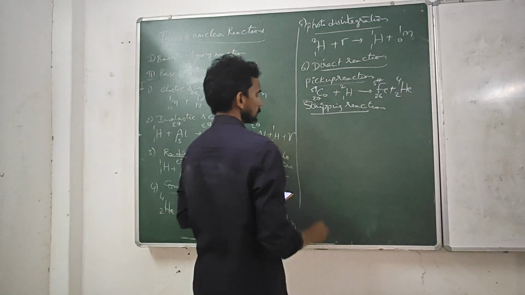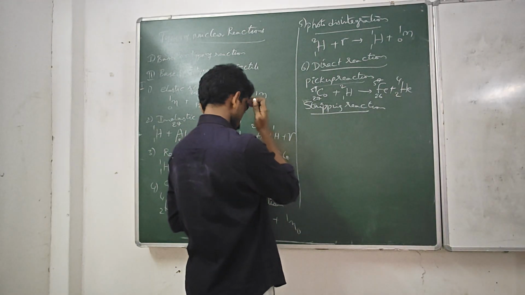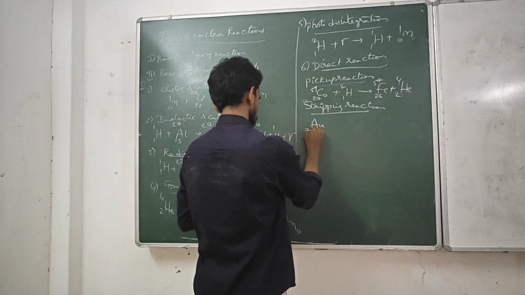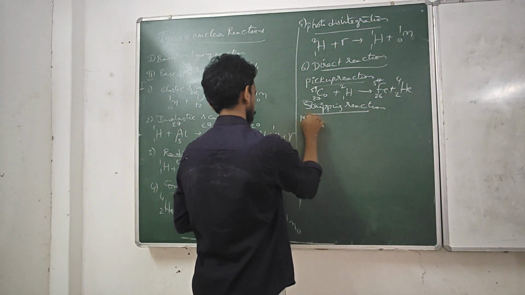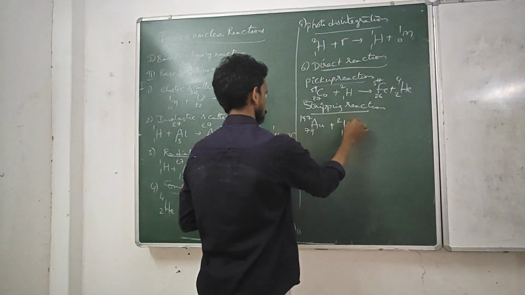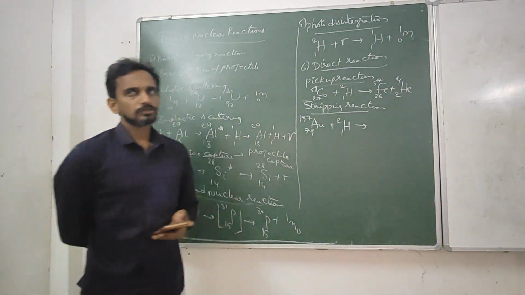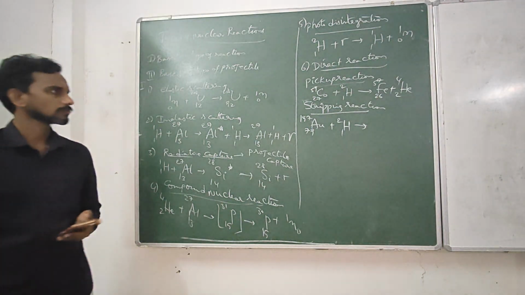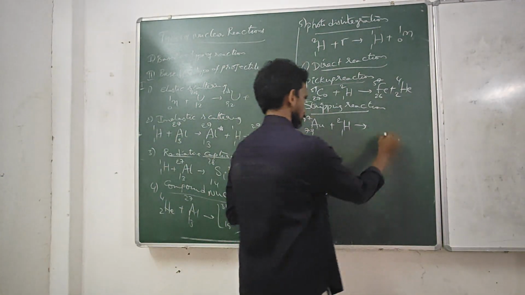Stripping reaction. So Au-197 79 plus H-2 1. So here the projectile loses a nucleon. What do you get?